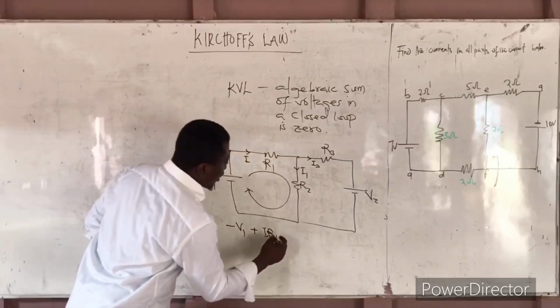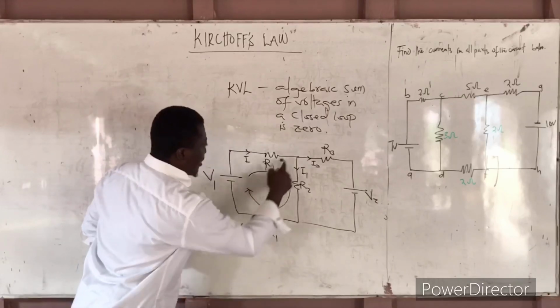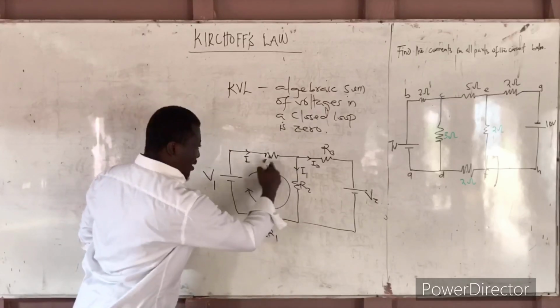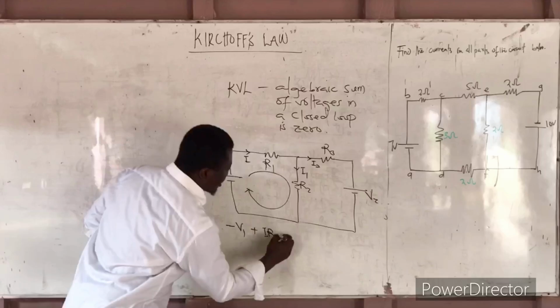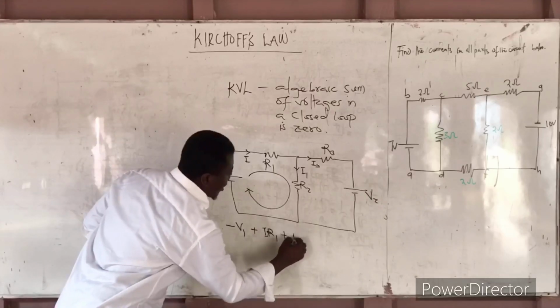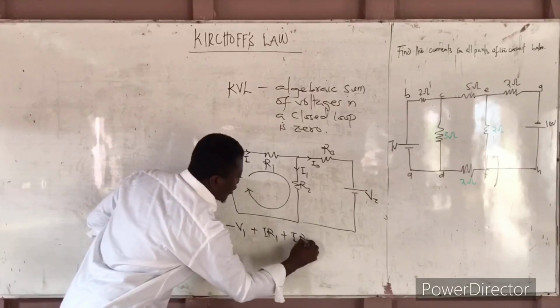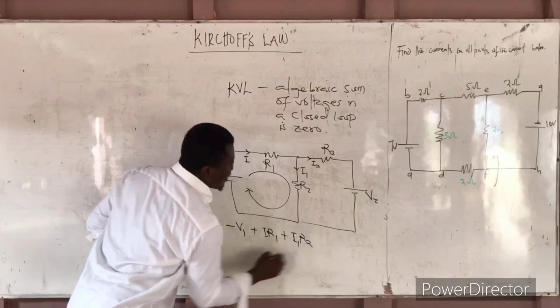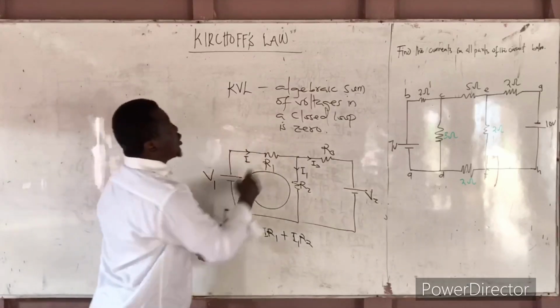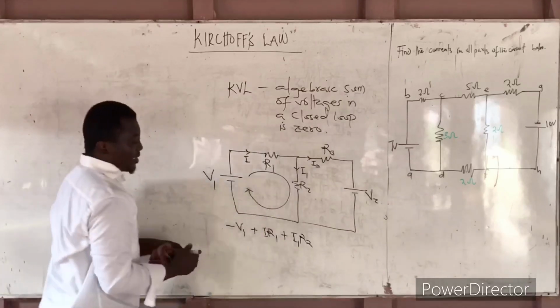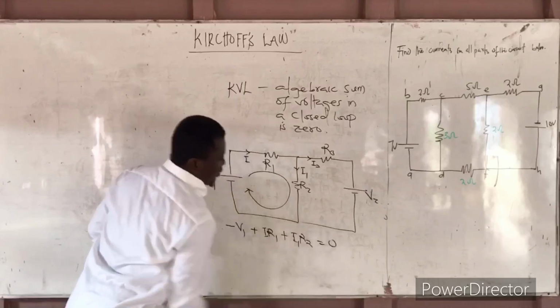So let's keep on with what we are doing. If you continue the loop, you see that it is in the same direction, so you get plus I1 R2. And there is nothing else. From the law, in a closed loop the algebraic sum is 0.